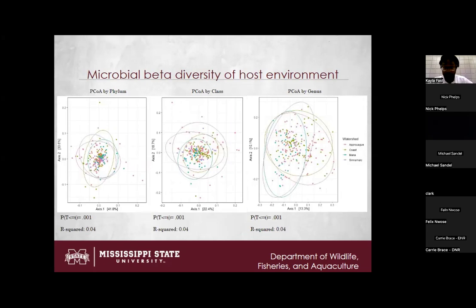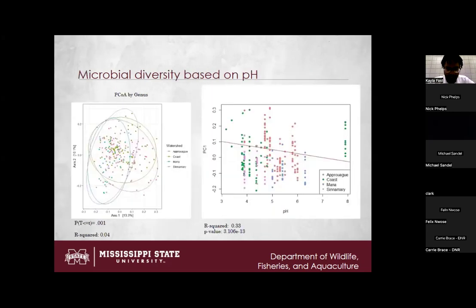So looking at the species richness compared between the watersheds or where the fish was collected, we also see significant differences in the bacterial community composition, and a very low level of the variation is simply explained by just saying, okay, this is where the fish was collected from. But if we look at some of the water quality data that we collected and compare bacterial community composition between different levels of pH, we see that there are very significant differences.